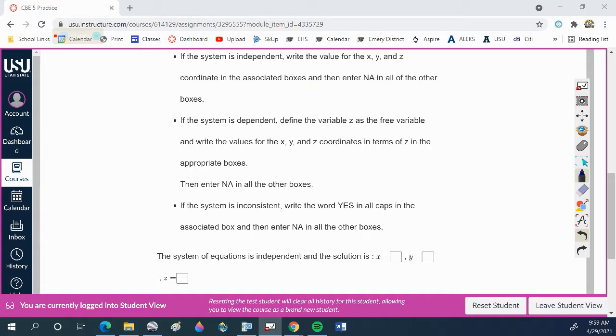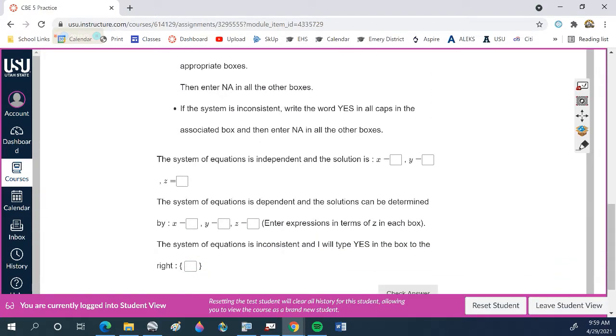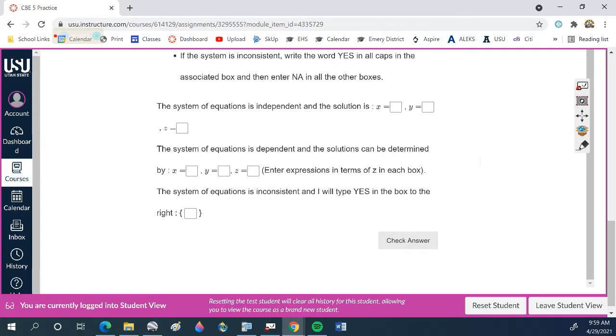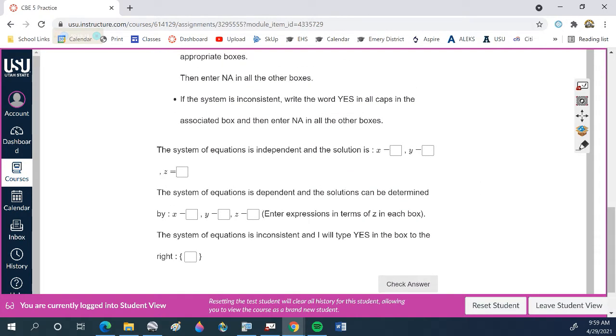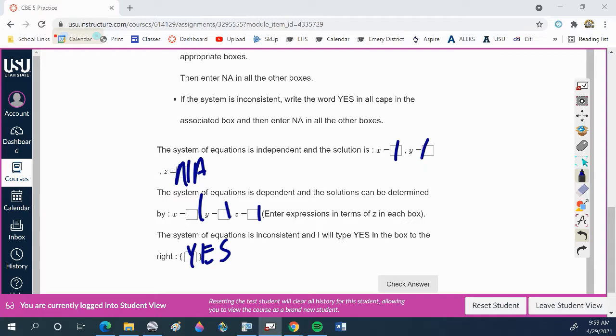Do you guys get the first one? Just plug in the x, the y, and the z, right? So if it's inconsistent, then you write yes there and NA in all these other boxes.